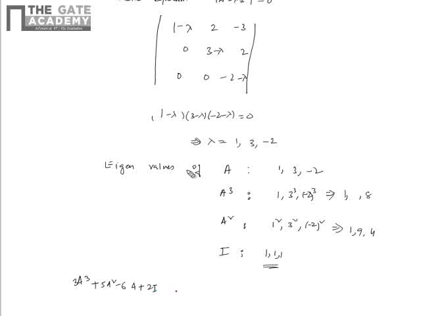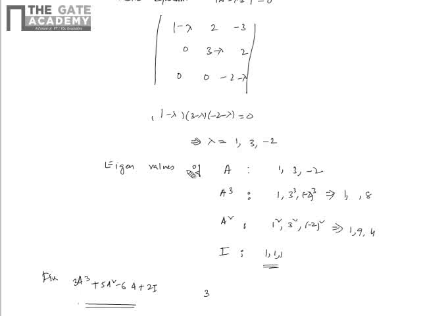We have studied in the properties of eigenvalues that if you have A plus kI, the eigenvalues are the sum of the individual eigenvalues. So I can just find the eigenvalues of A cube, multiply them with 3, and so on, and so for this entire thing the eigenvalues will follow.